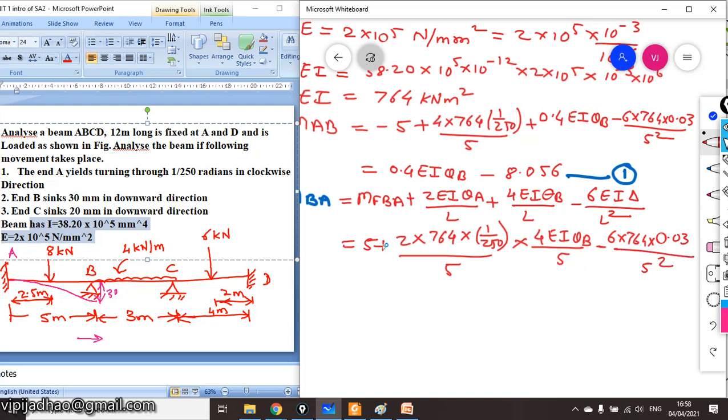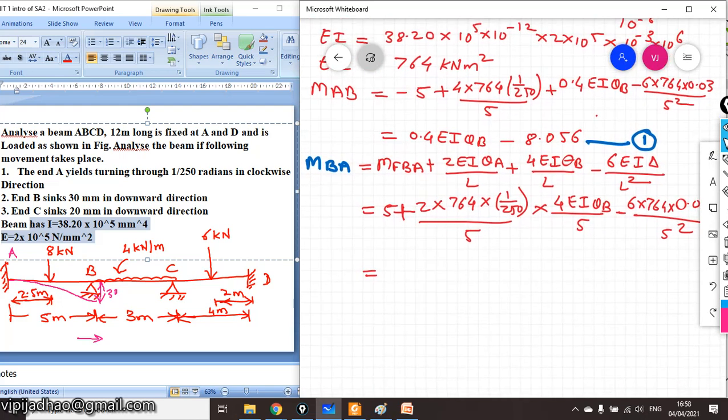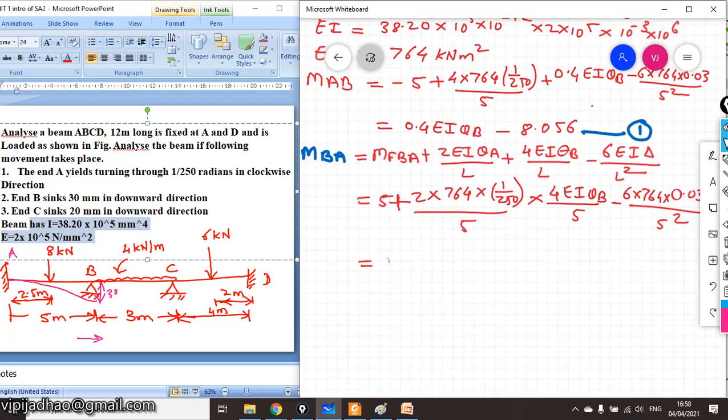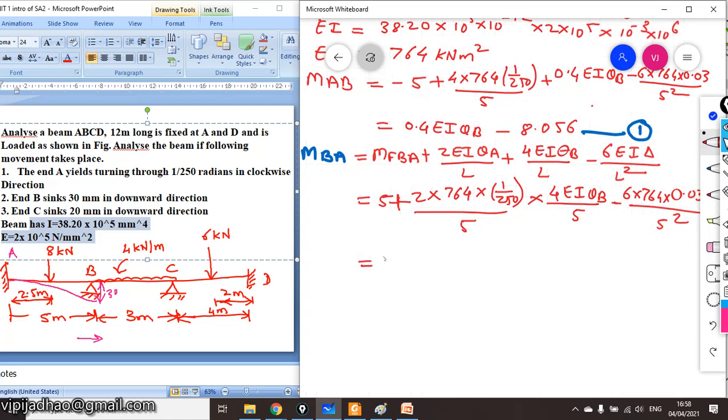Just simplify this, you will get MBA is equal to 0.8 EI theta B plus 0.7216. This is your equation number 2.